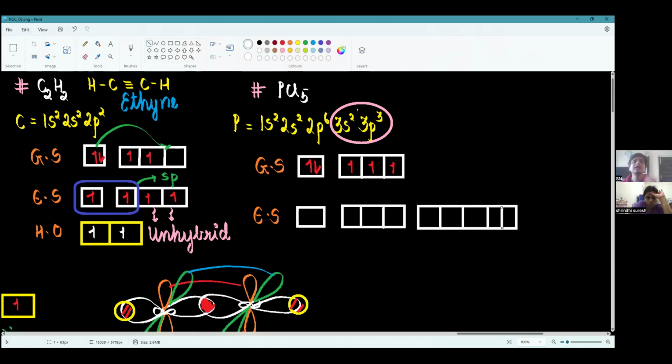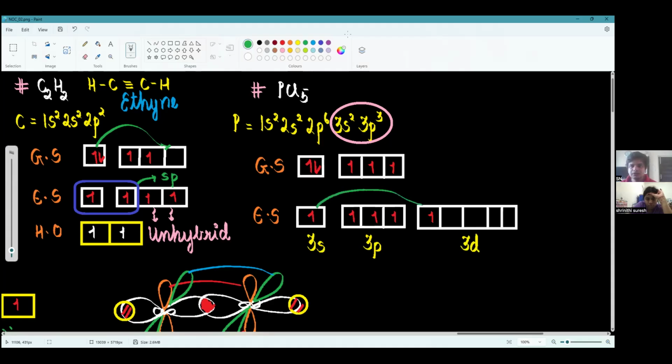So nitrogen cannot expand, cannot have a jump of electrons, whereas phosphorus can. So one electron from 3s jumps into 3d. See, this is 3s, 3p, and this is 3d.